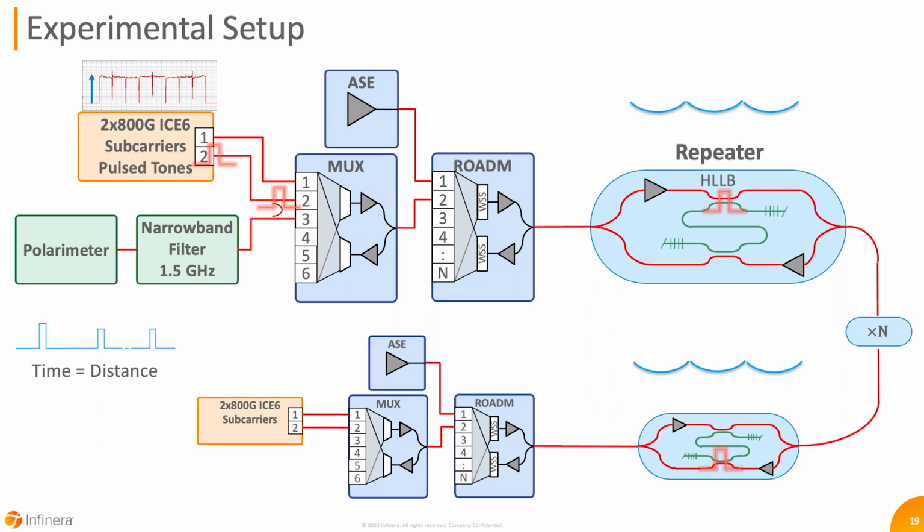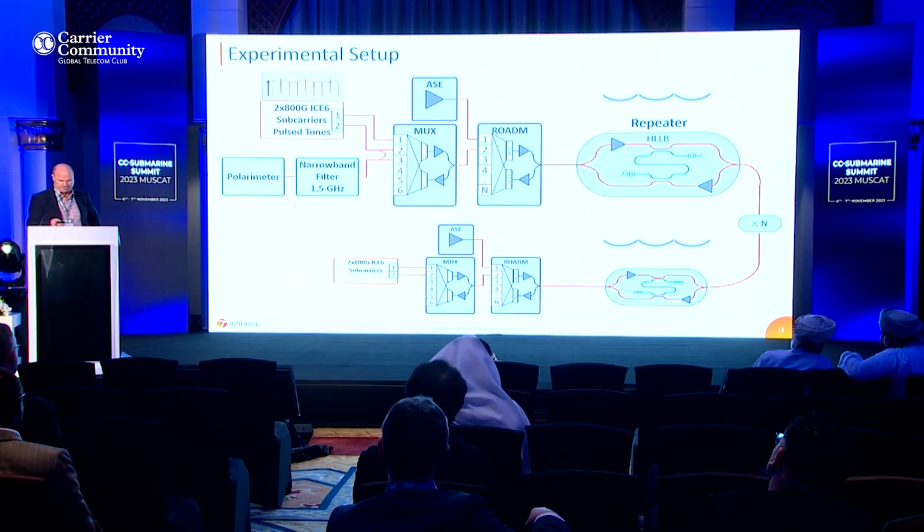You do have a little bit of specialist equipment, the narrowband filter and the polarimeter. There is no way of avoiding that, because you need to assess and analyze the data separately. They are not very high cost, nevertheless. There will be 1 rack unit of equipment at the receiving end.